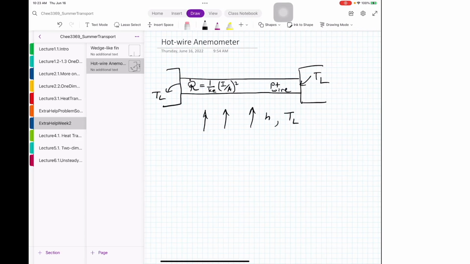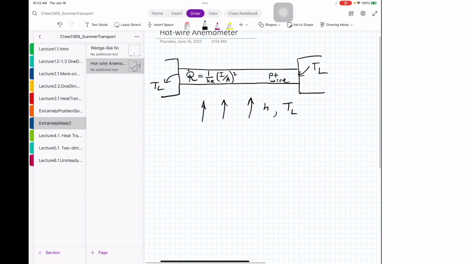Okay. So the wire has a diameter D and a length 2L. And we're going to call the middle of the wire Z is equal to 0.